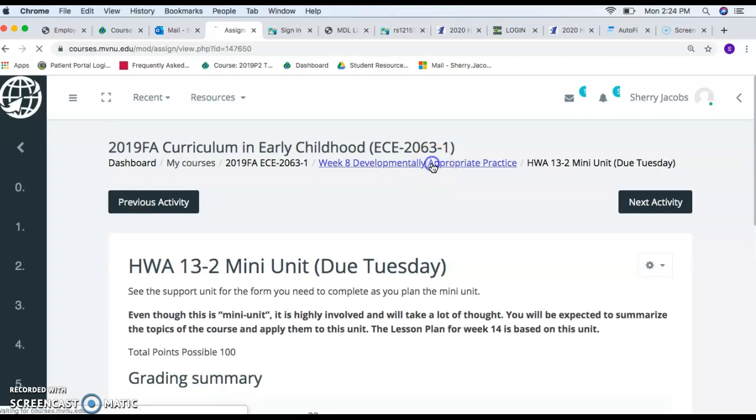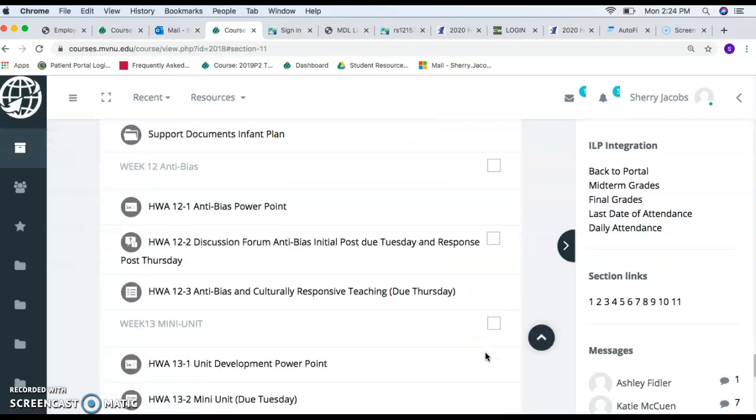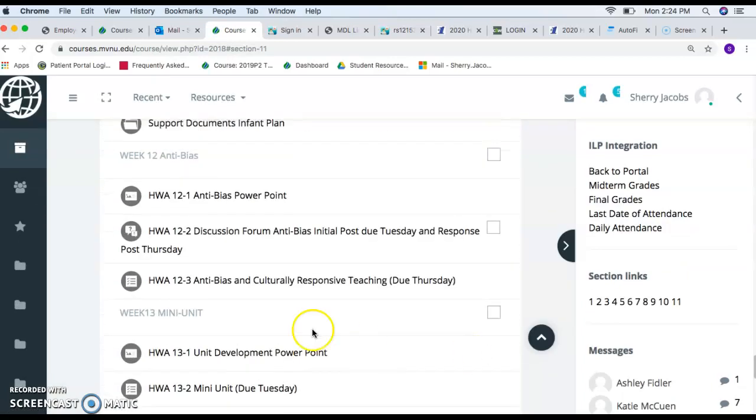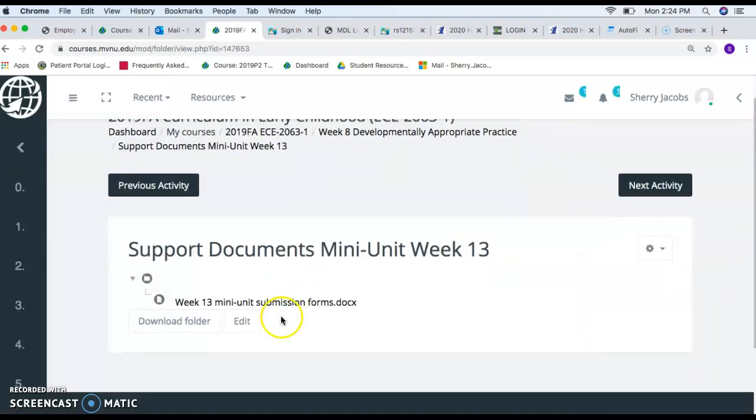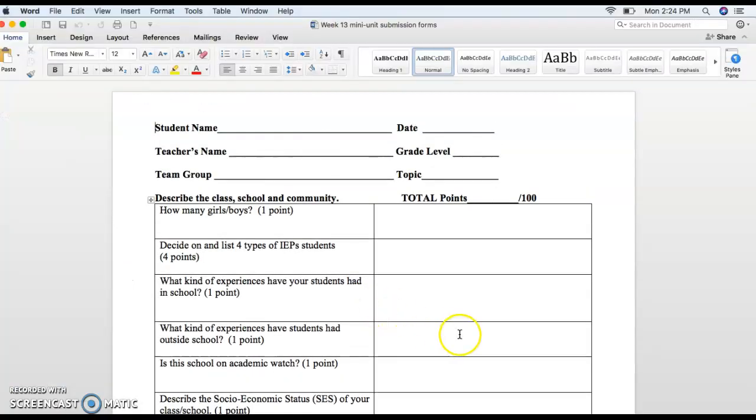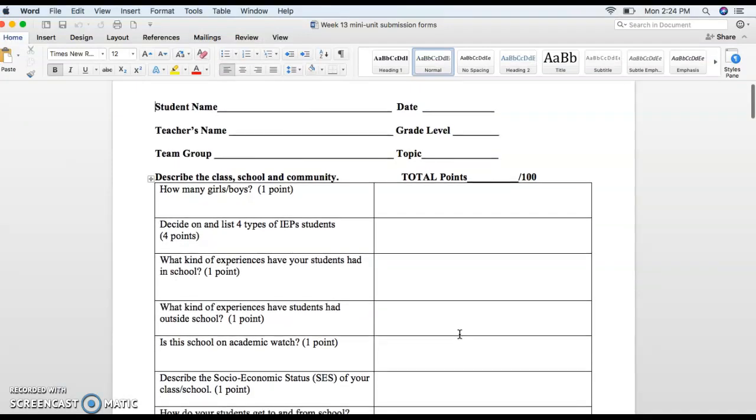Go back and take a quick look at the support folder for the mini unit. Basically, you're going to be filling out this form.